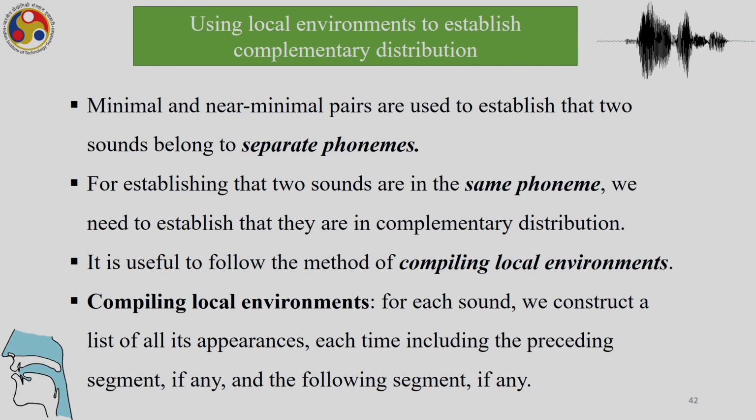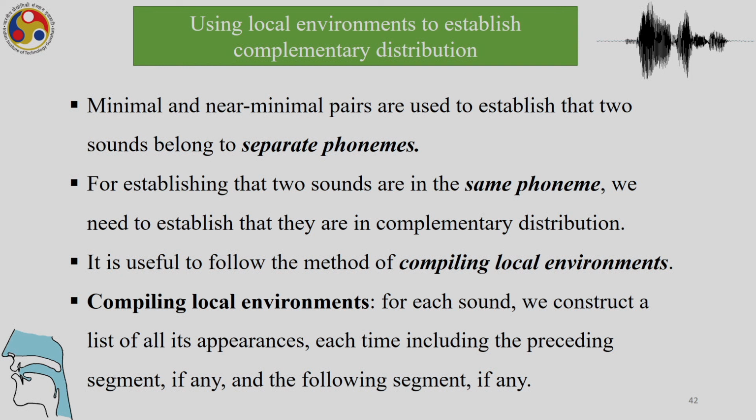It is also useful to follow the method of compiling local environments. In compiling local environments for each sound, we construct a list of all its appearances, each time including the preceding segment, if any, and the following segment, if any. For any given data set, it is important to do this work to establish whether two sounds are in an allophonic relationship or if they are different phonemes.